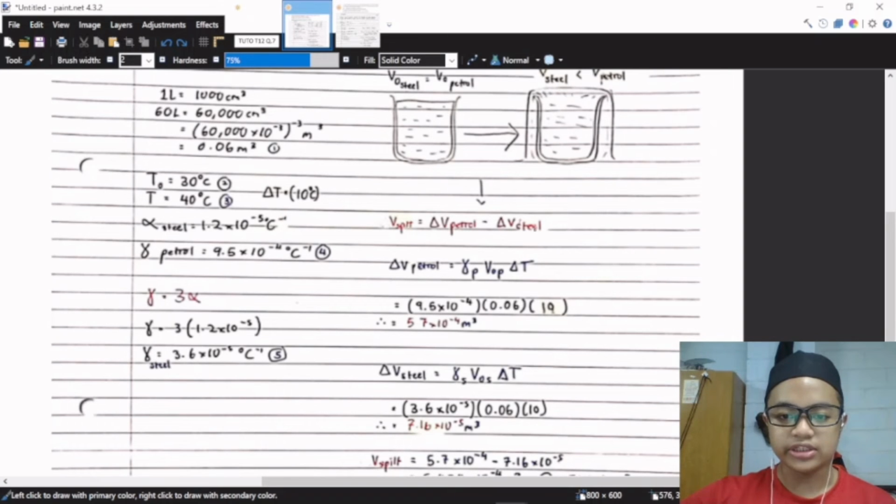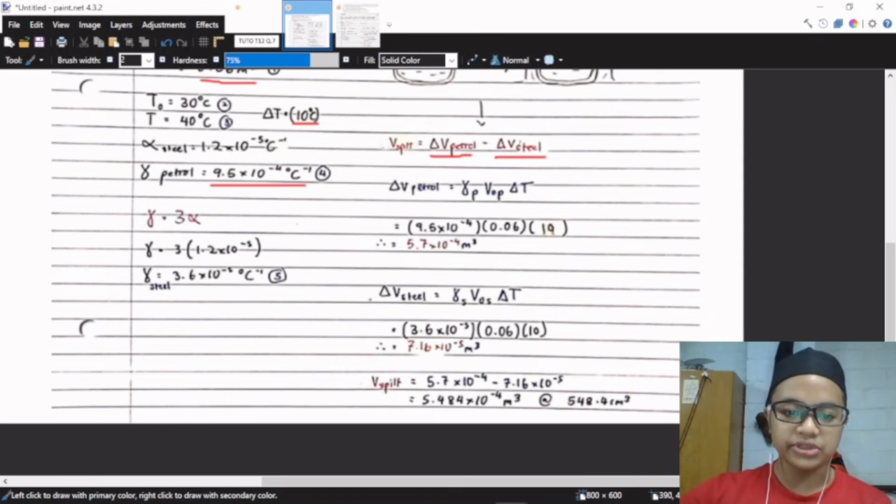Tapi kita kena cari dulu kedua-dua subjek tersebut, dan change in volume of petrol sama dengan gamma of petrol times original volume of petrol times change in temperature. Kita substitutekan nilai-nilai tersebut dengan yang belah kiri ini, dan kita akan dapat nilai dia iaitu 5.7 times 10 powered by -4 meter cubic.